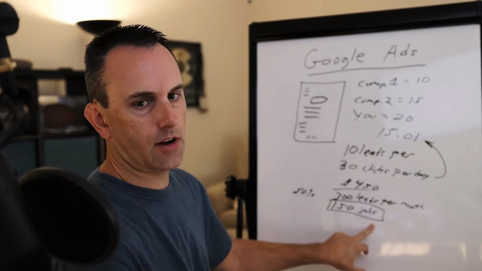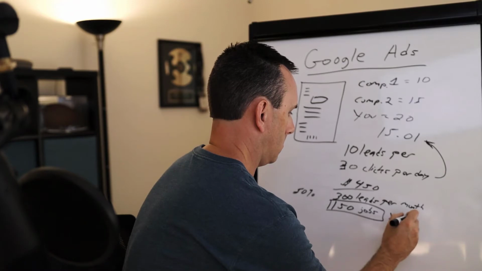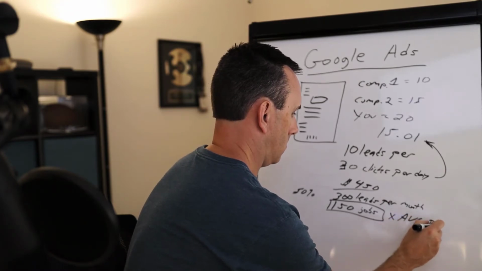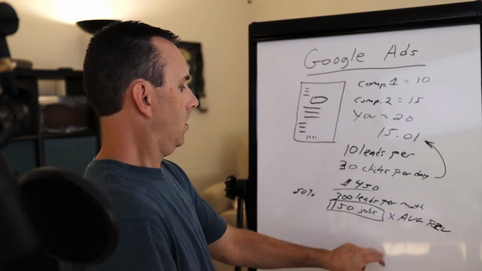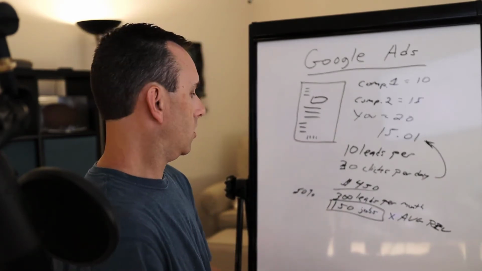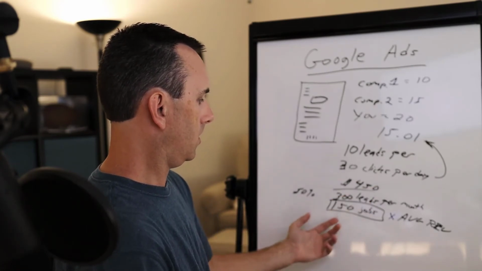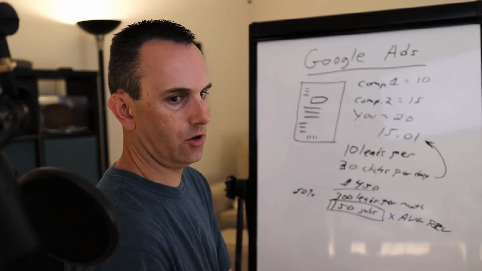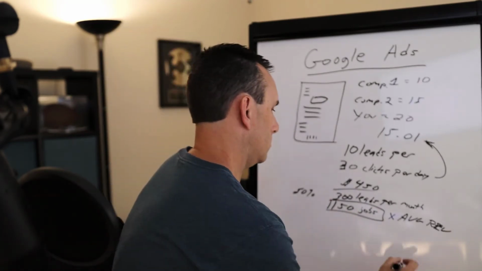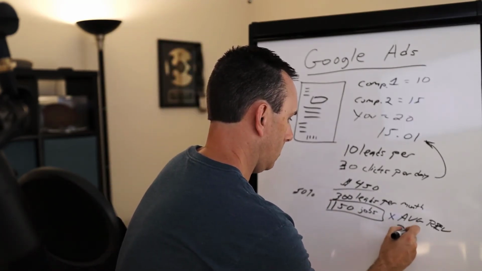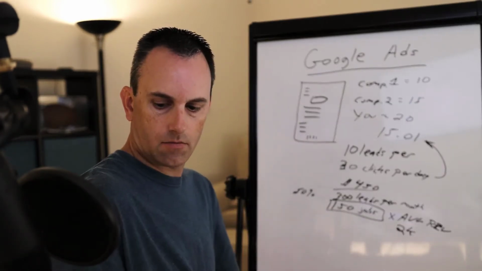Multiply that times your average revenue, and there you go. That's how you can come up with your return on investment. So yes, you're spending $450 a day, but 150 jobs times your average revenue. Let's just say, for example, your average revenue is $2,000. So 2K, 150 times 2K.